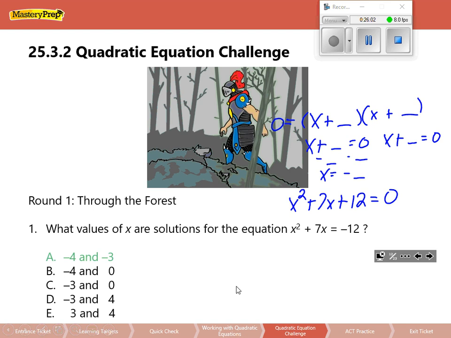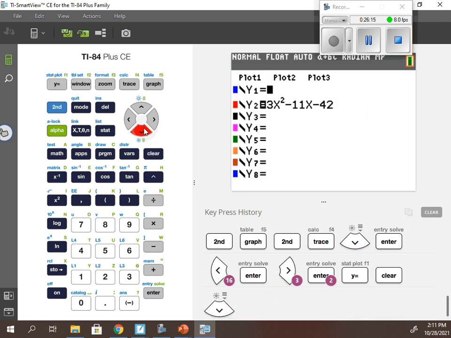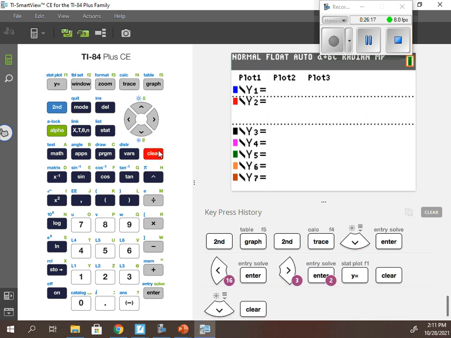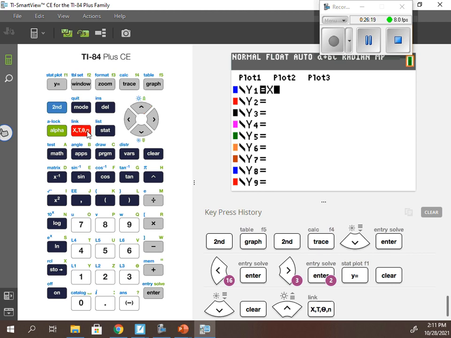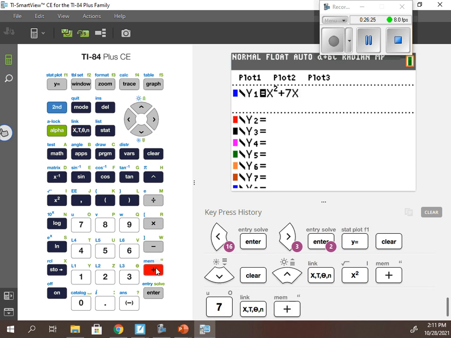Because for factors, it would be plus. Now, x squared plus 7x plus 12. We could come over here. Y equals, clear, clear. And we can go x squared plus 7x plus 12.